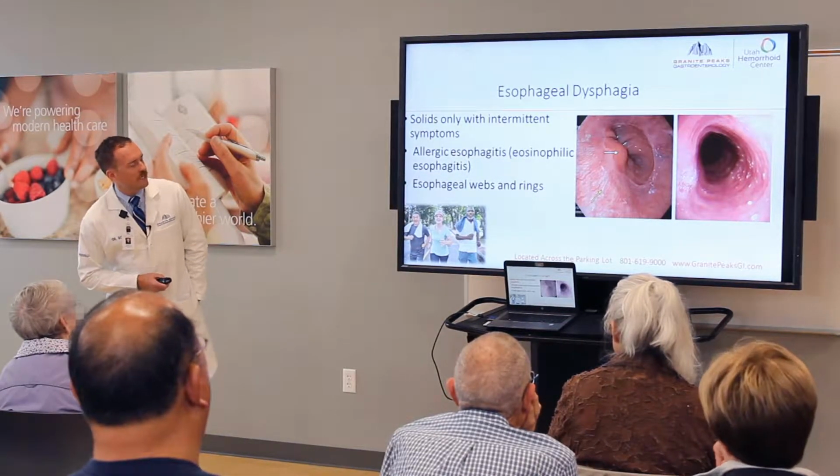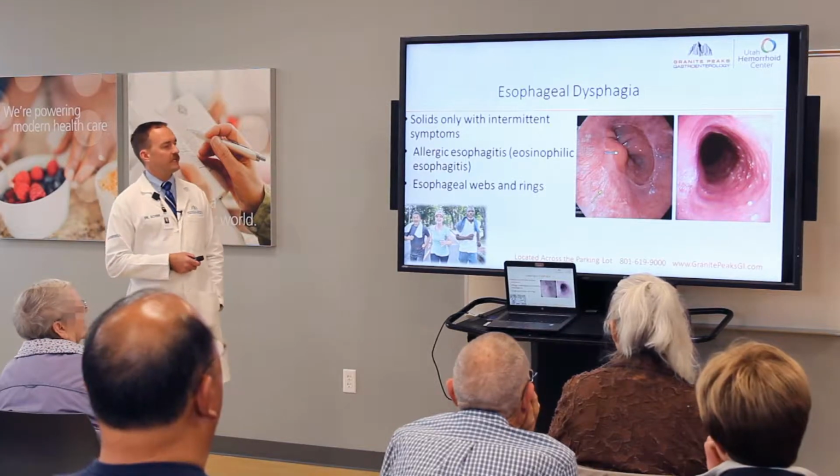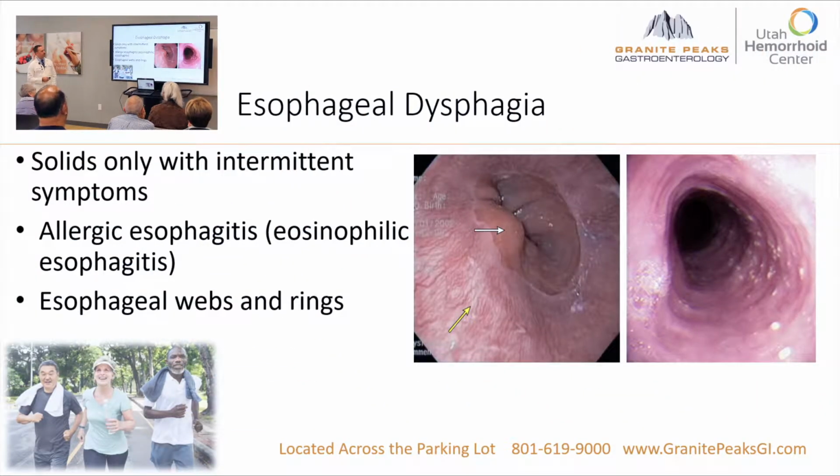So the two pictures that I have on the right-hand side of your screen there, the first picture is a normal esophagus where the yellow arrow towards the bottom is pointing to what looks like normal esophageal mucosa or lining. So everything there looks just fine.